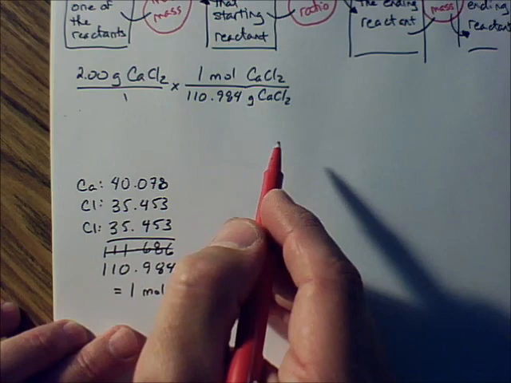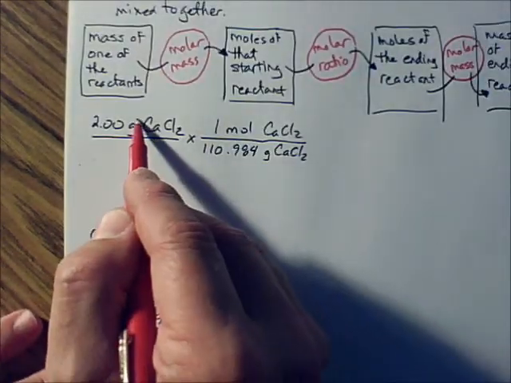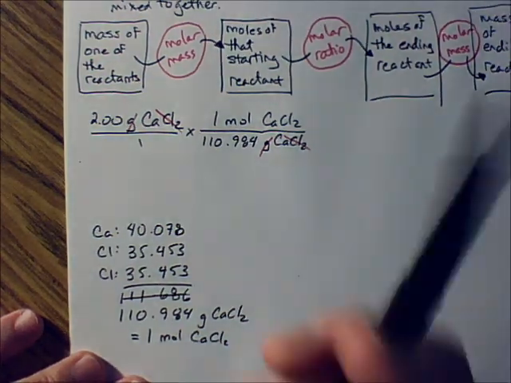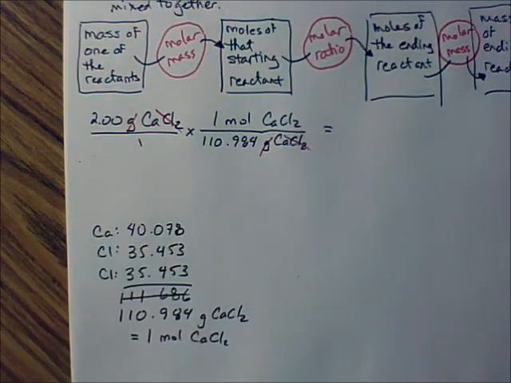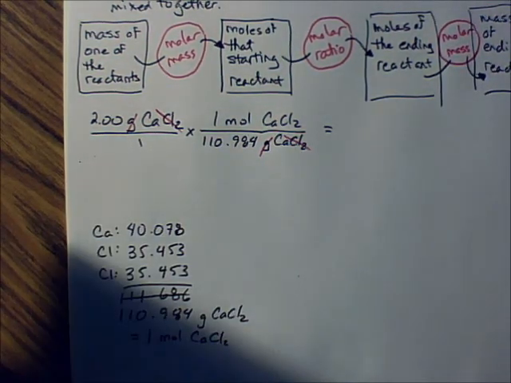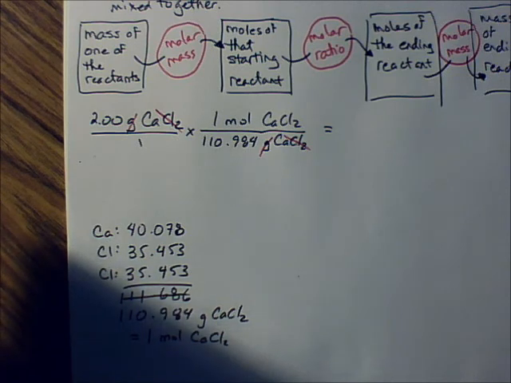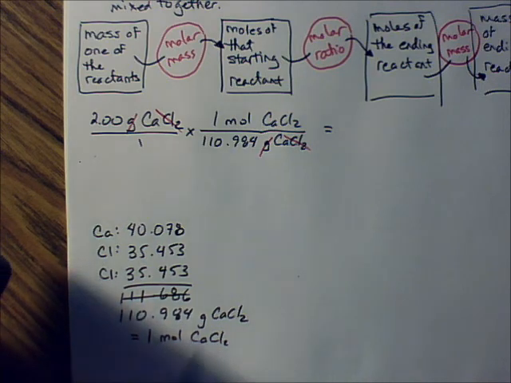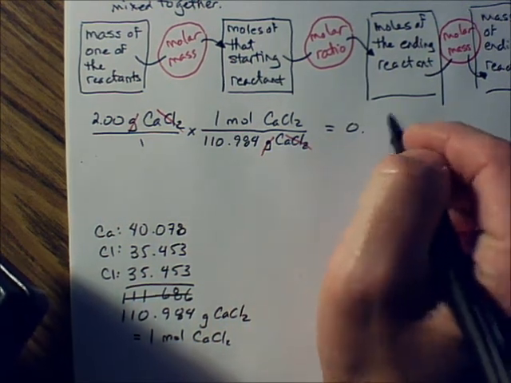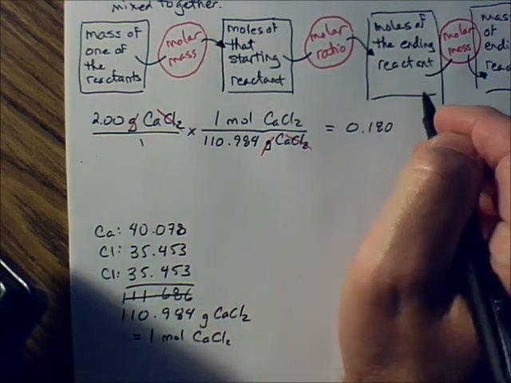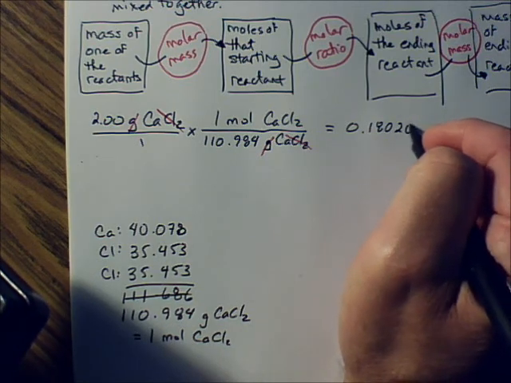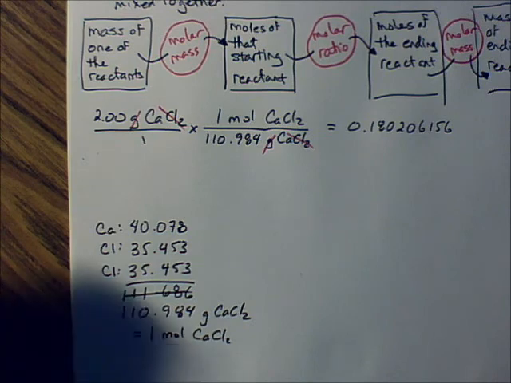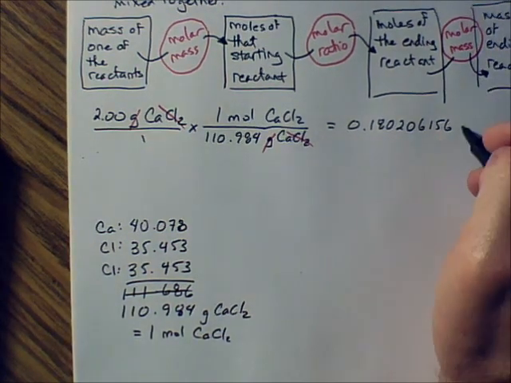Okay. So now we can cancel the units and species. And we can do this math. So then 2 divided by that number. And I got 0.180206156 moles of calcium chloride.